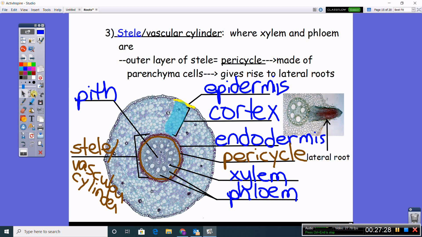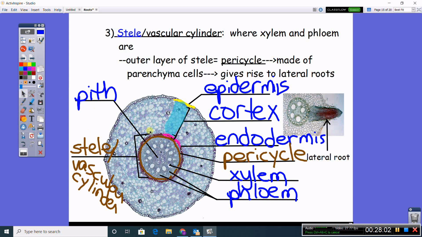The next layer in that you should encounter, let me see if I can pick a different color here, should be your endodermis. Okay, so this is your endodermis here. Now really, this black bracket really should include that. Okay, the endodermis is the innermost layer of the cortex. The next layer that you're going to encounter is going to be your pericycle. Okay.